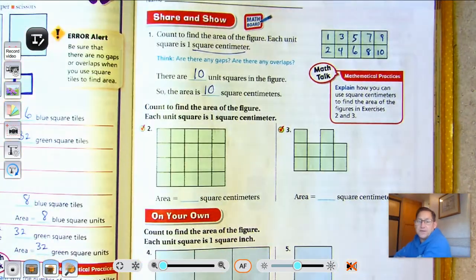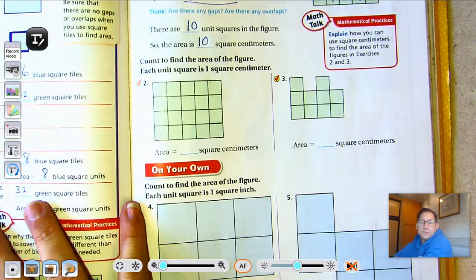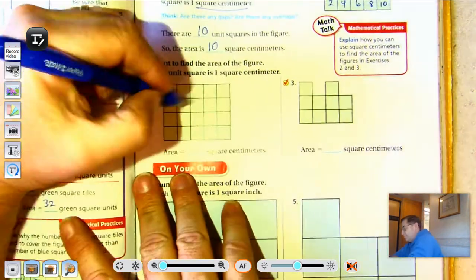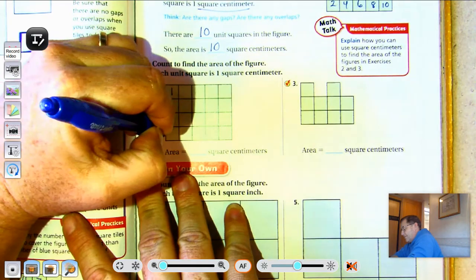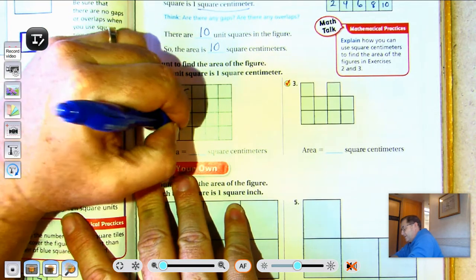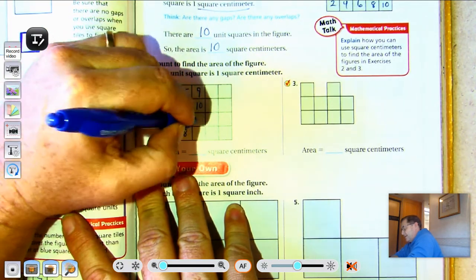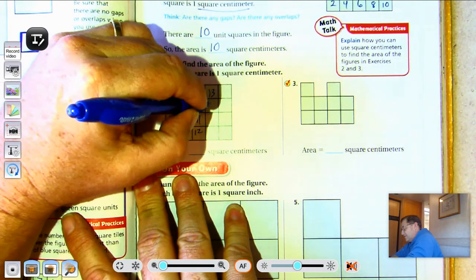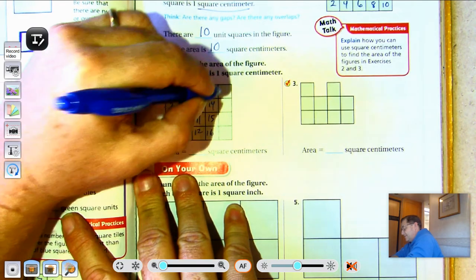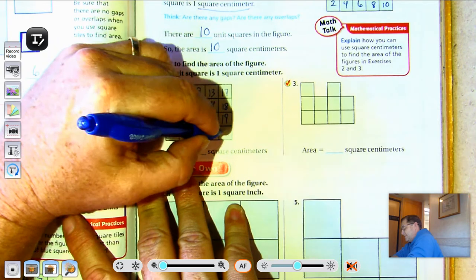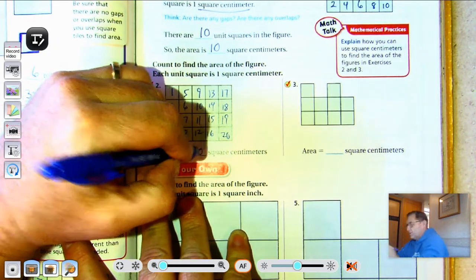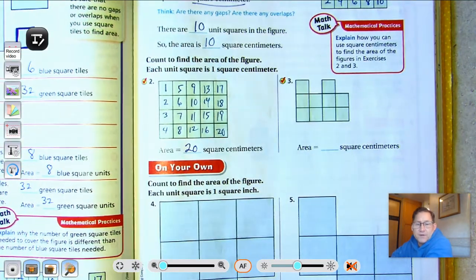There's 10 square centimeters. Number 2, count to find the area of the figure. 1, 2, 3, 4, 5, 6, 7, 8, 9, 10, 11, 12, 13, 14, 15, 16, 17, 18, 19, 20. So in number 2, there's 20 square centimeters.